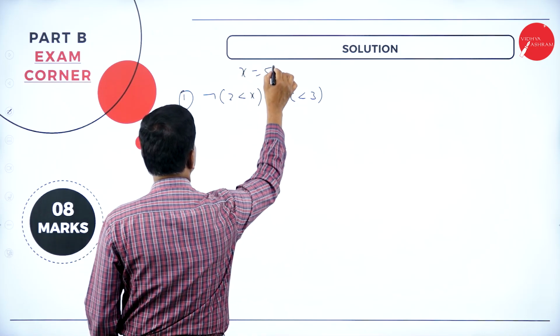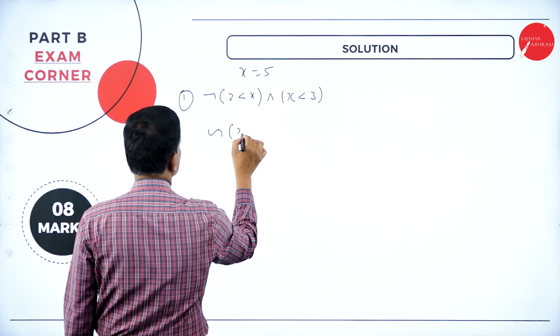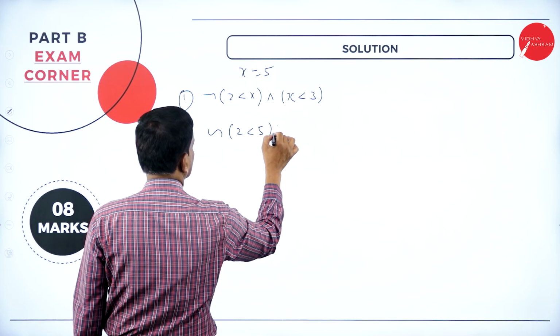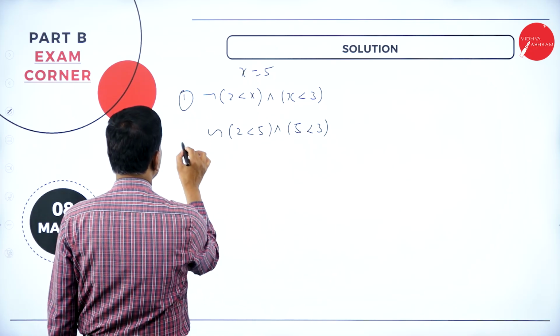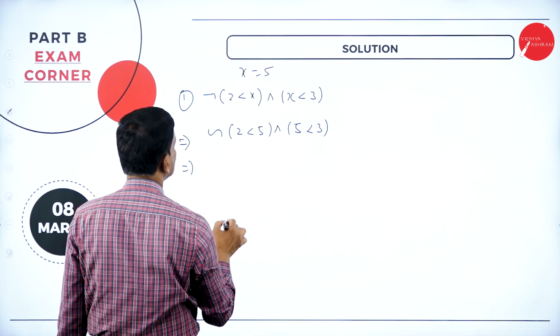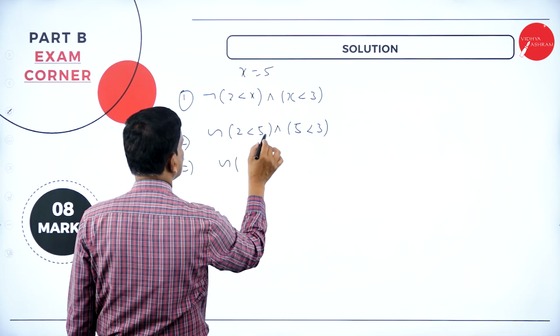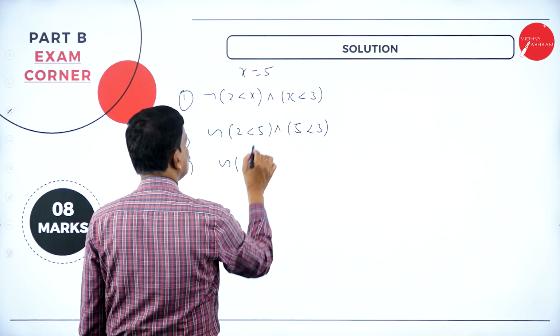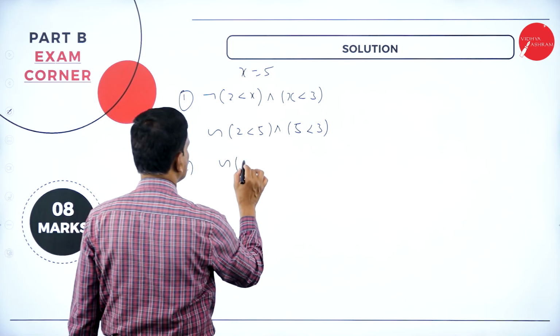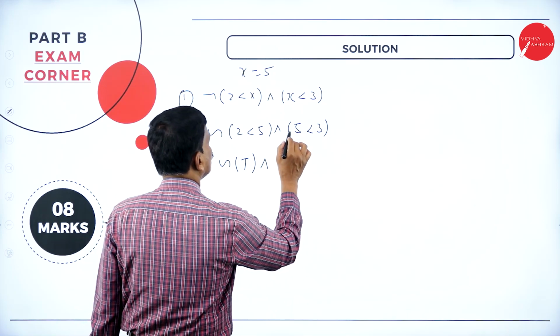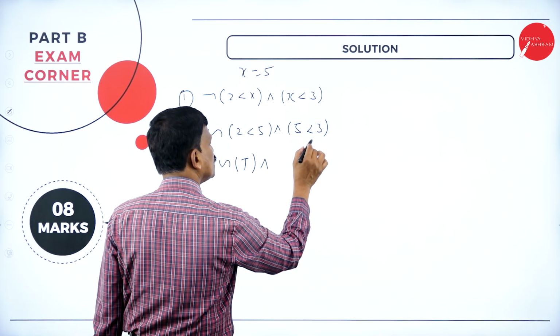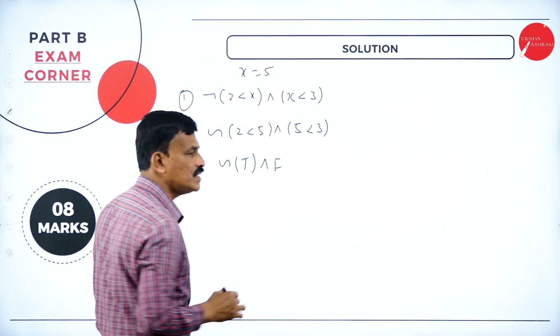So, negation of 2 less than 5, conjunction 5 less than 3. What is this equal to? 2 is less than 5, yes, it is true. Conjunction, 5 is less than 3 is false, because 5 is greater than 3.